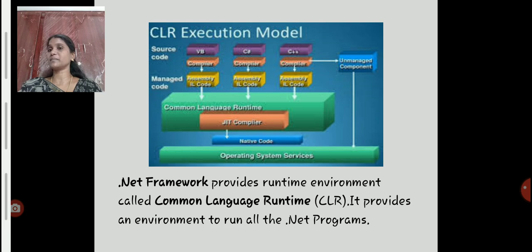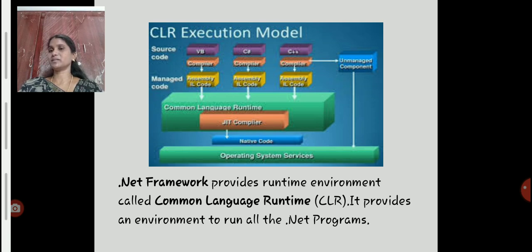JIT is the just-in-time compiler. For example, if the language used is VB, VB's compiler will be JIT, compiling code compliant with VB coding. If you are using C Sharp, the C Sharp compiler will be the JIT. That is how it is compiled, and finally we get the native code.